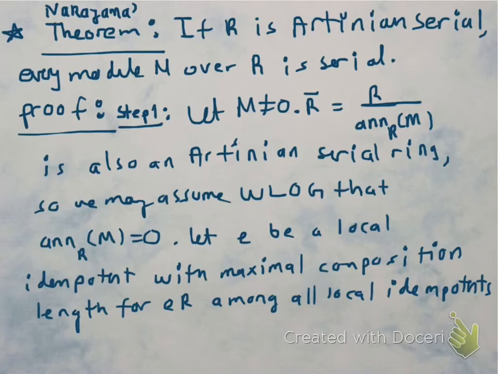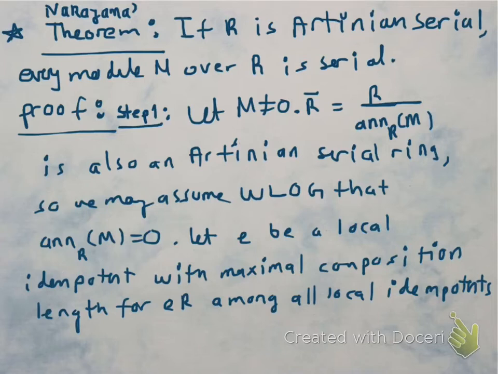So instead, we pass to the factor ring of R with respect to the annihilator, over which M has the same submodule structure, but it's furthermore faithful, namely its annihilator is 0. So, passing to that ring, we will assume, without loss of generality, that the annihilator of M is 0.